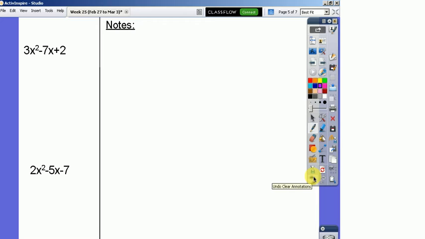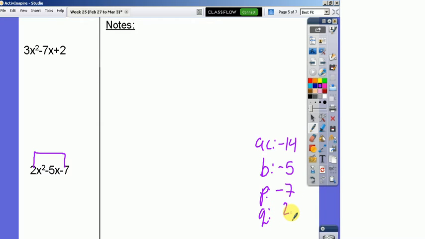All right. AC is -14. Our B value, -5. So our P and Q were -7 and 2.